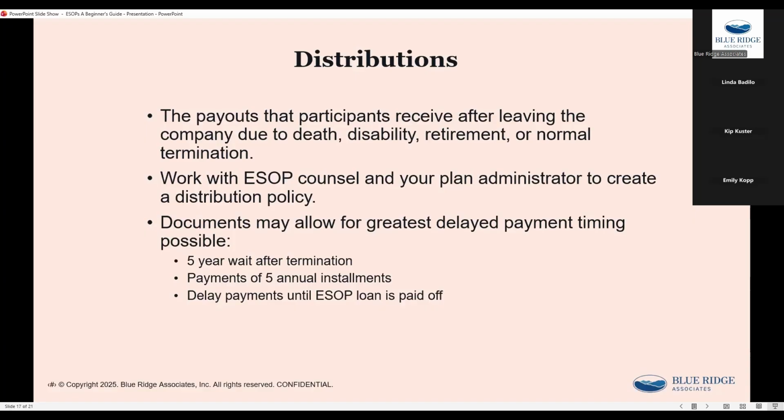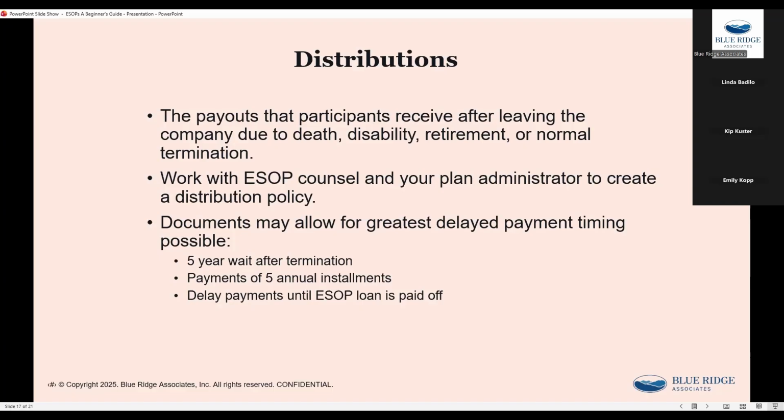But generally speaking, if you're just looking at your plan document's distribution provisions, there's typically a waiting period that applies if a participant terminates due to any reason other than death, disability, or retirement. So many times if a balance is over a certain amount, there is a waiting period before a participant may request a distribution. There's also the option for plans to have payments made over a period of 5 years.